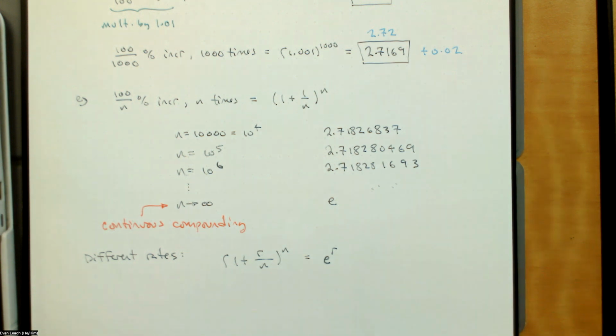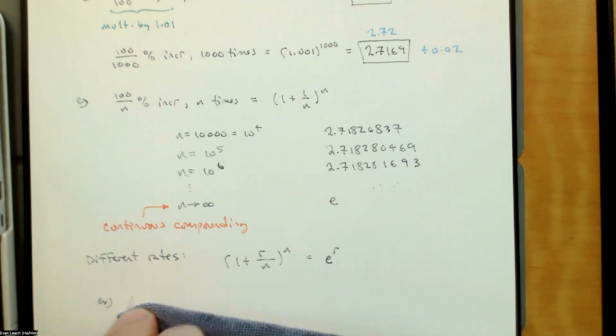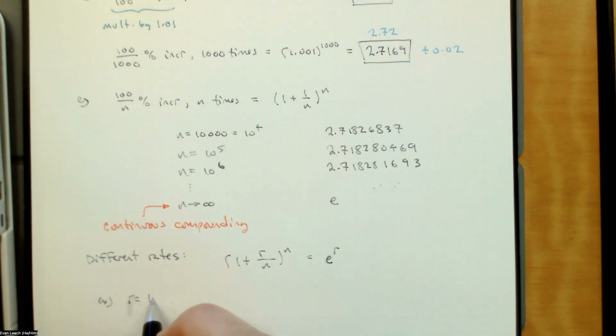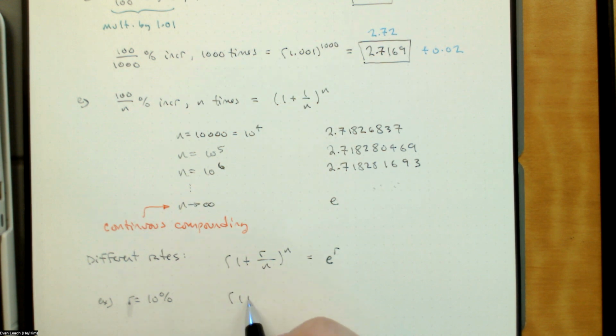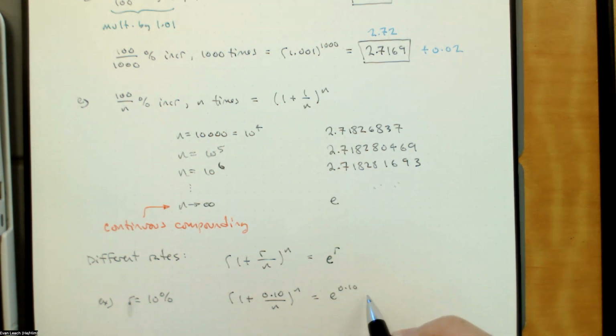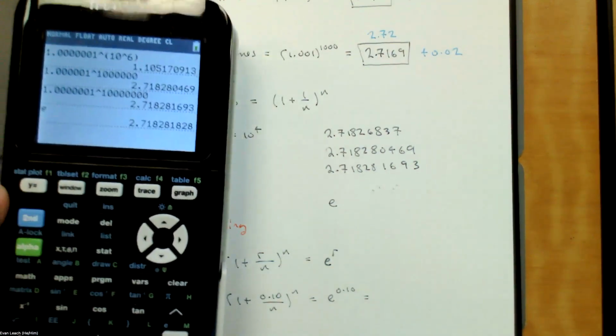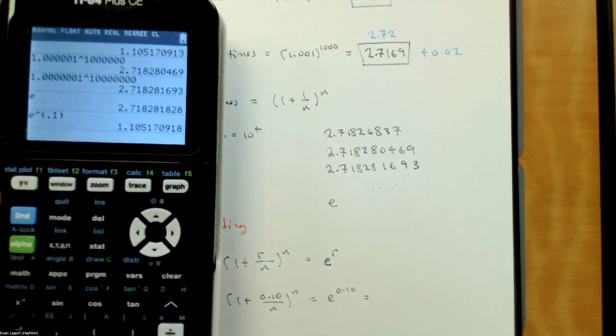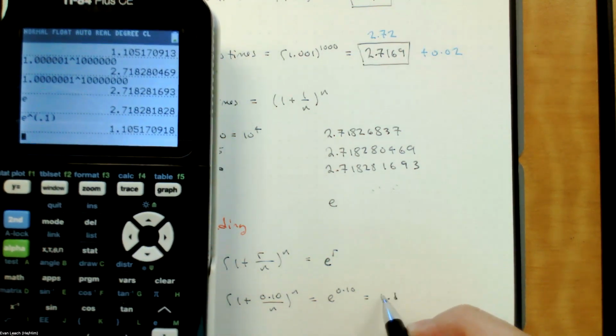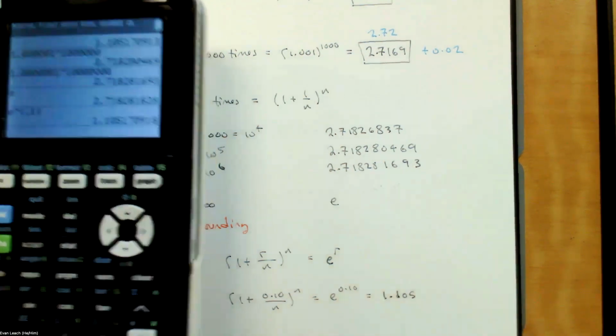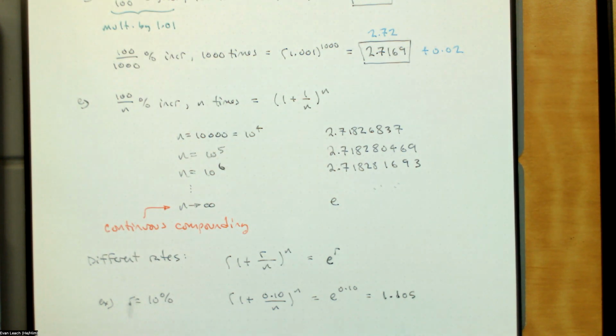So for example, if we're increasing by 10% compounded continuously, this would be an effective rate of 10.5% compounded annually.